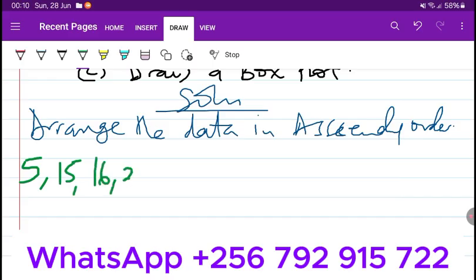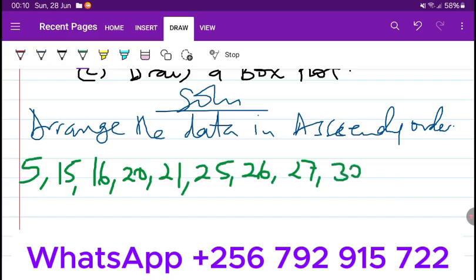We had 20. We also had 21. We didn't have 22 and 23, so we had a 25. We never had even a 24. We had a 26. We had a 27. 30 was there twice, so 30, 30. Then 32 was also there twice.